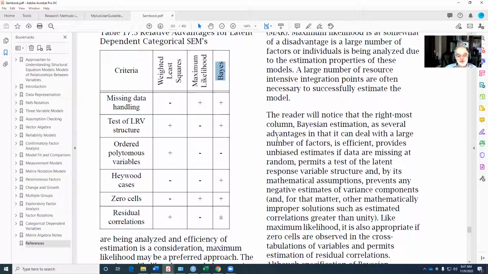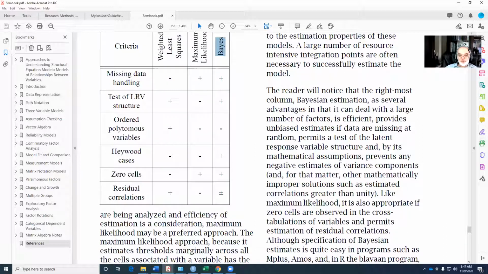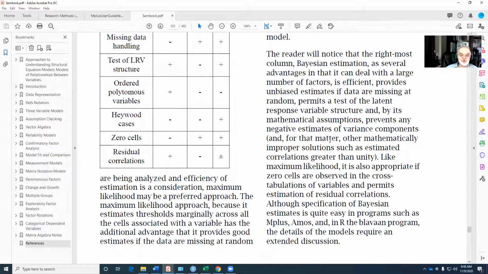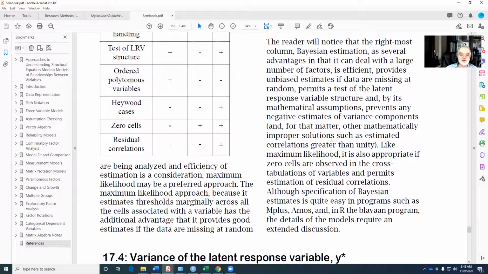Ed Merkle teaches a nice Bayesian class, and there are also Bayesian classes in the statistics department that you can take. There is a Bayesian statistics program called blavaan that Ed and Yves have worked on for doing Bayesian statistics using lavaan syntax. And as I mentioned before, inside of Amos, it's pretty easy to turn on the Bayesian estimator. I'll probably do that and show you what goes on. And that's what I talked about down here.